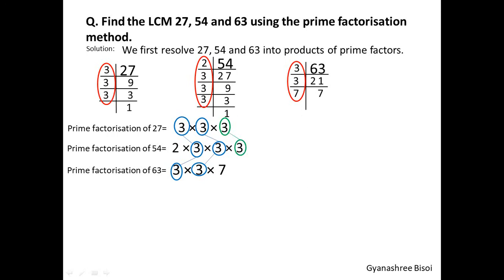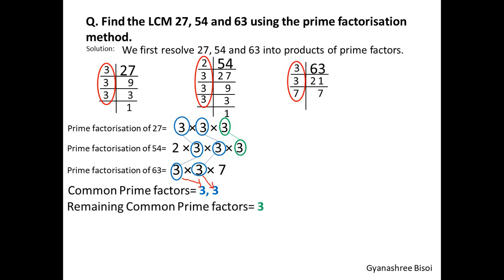So we will start writing the common prime factors in 3. That is, here we have 3. So I will take this common factor only once, and the next 3 also I will write only once, right? Now the remaining common prime factors, that means common in 2 prime factorizations, okay? So here we have 3 common in 2 prime factorizations. So this 3 also we will write.